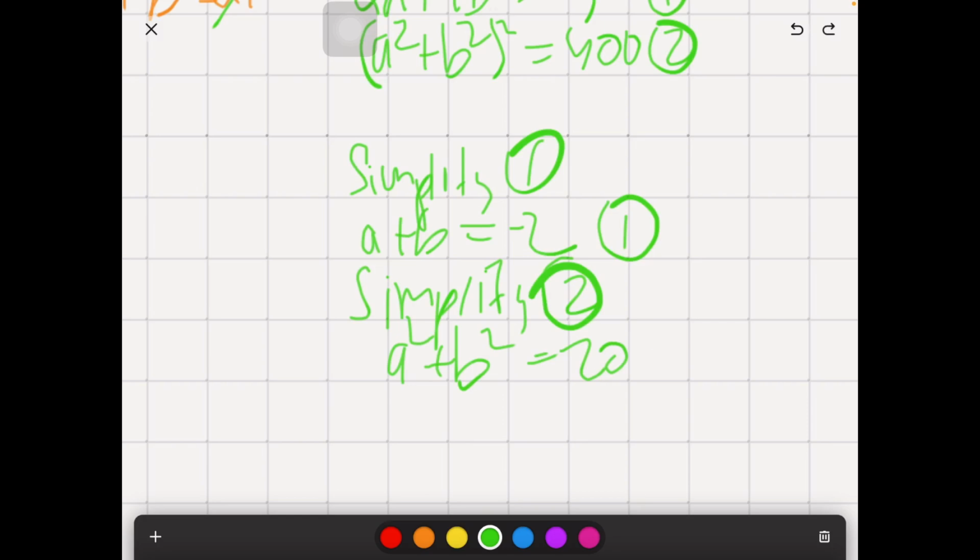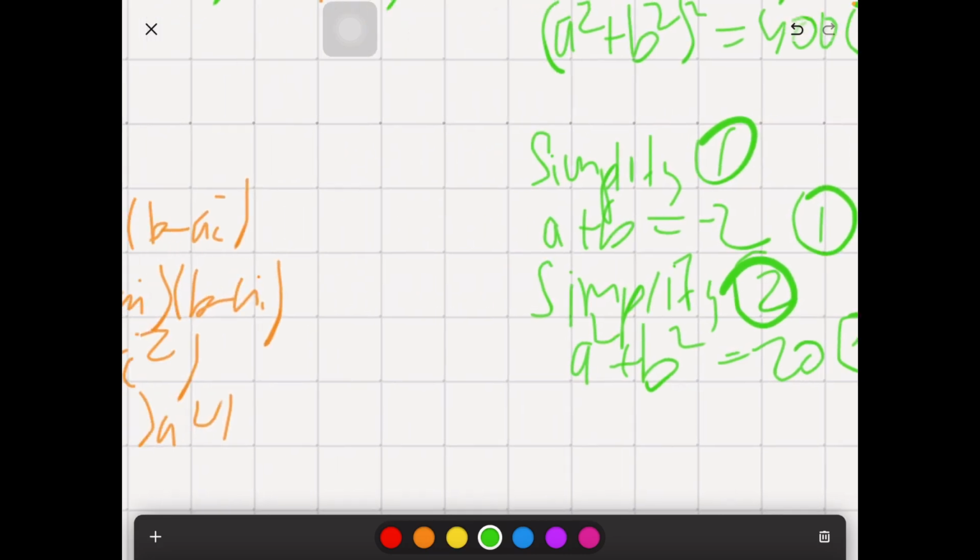Or not 200, 20. And now, it seems the easiest way to solve this is to substitute 1 into 2. So 1 here is actually a is equal to negative 2 minus b.